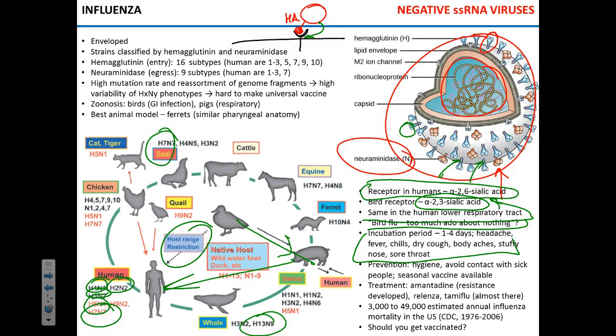However, if you talk to a physician and ask, would you use Tamiflu? The physician would probably tell you it depends on the patient. If you're a healthy adult, is influenza going to kill you? Probably not. The mortality is about 0.4, 0.1%.